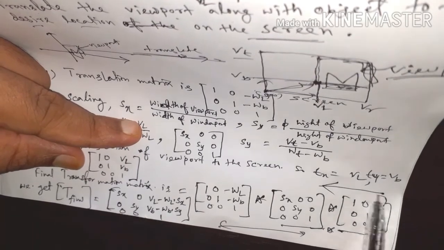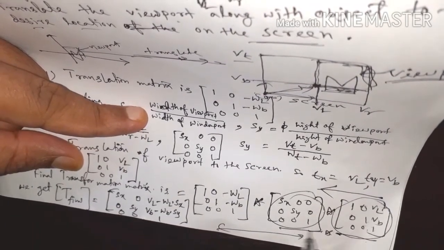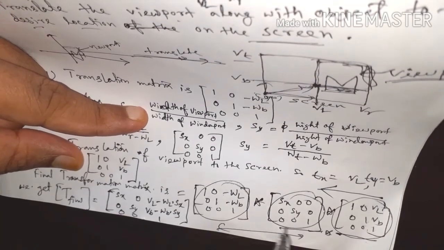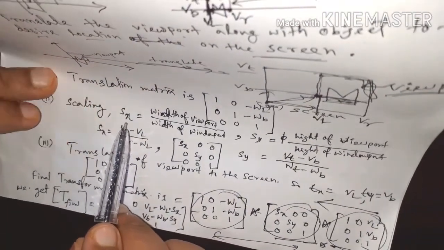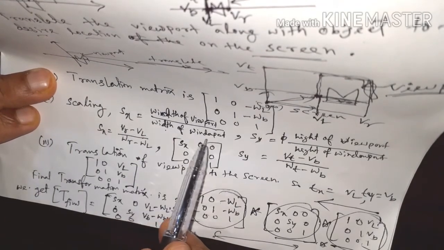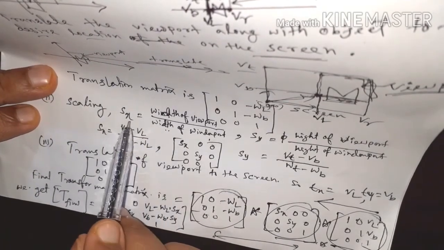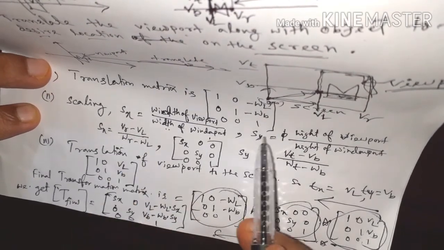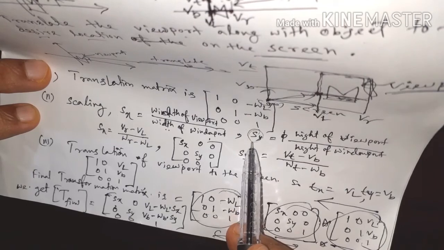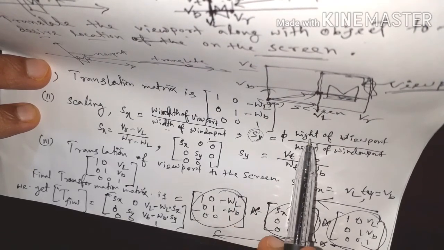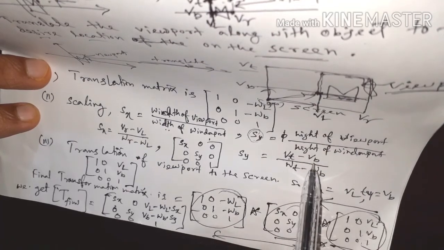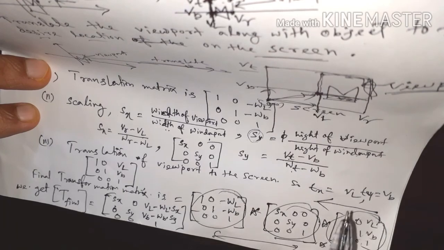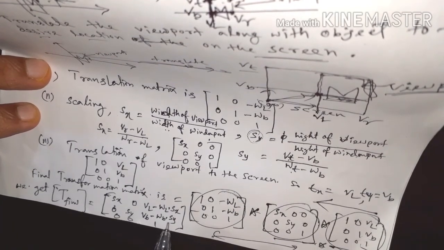If I multiply this matrix into this matrix, and the resultant matrix with that one, then this final matrix will come. Sx equals the width of the viewport divided by the width of the window, that is the scaling factor along the x-axis. Sy means the scaling factor in the y direction, that is the height of the viewport divided by the height of the window, VT minus VB divided by WT minus WB. Okay, thank you.